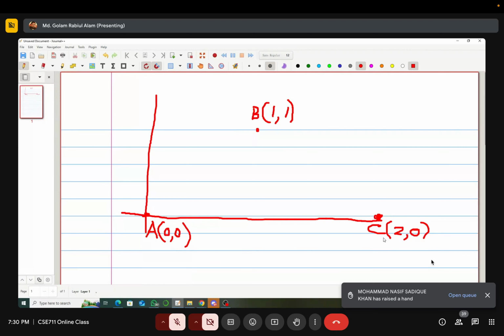So 2, 0, this one is our positive data point. And the 0, 0, and 1, 1, these are our negative data points.